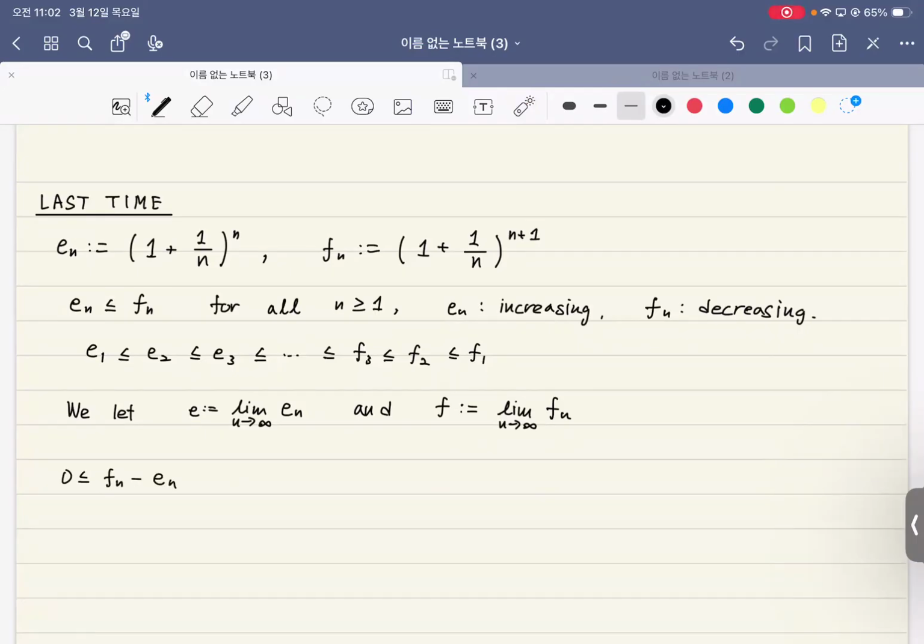We're going to prove that by taking the difference between Fn and En. Fn is always slightly greater than En, so Fn minus En is always greater than 0.